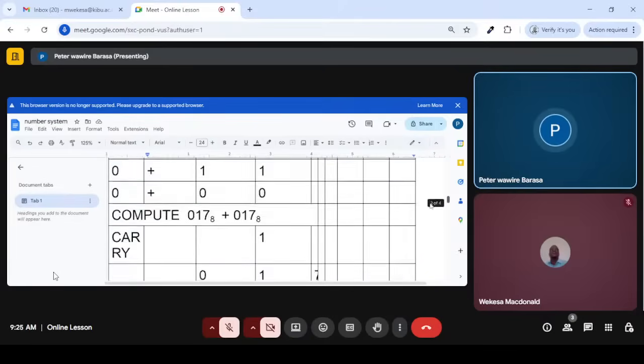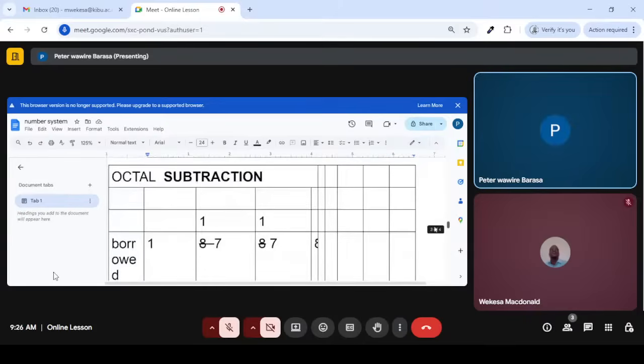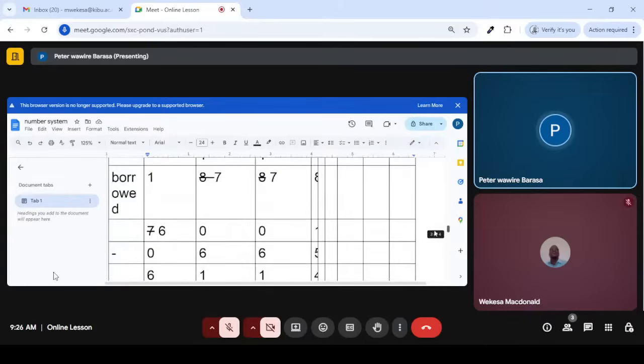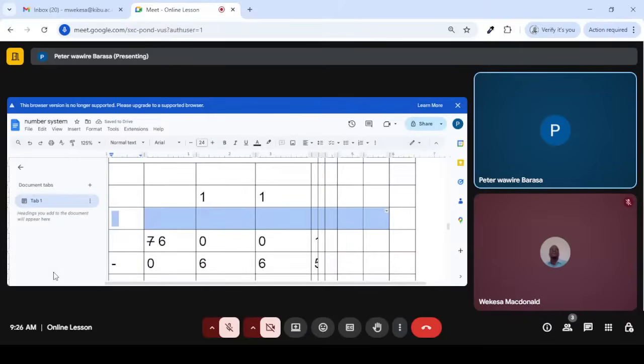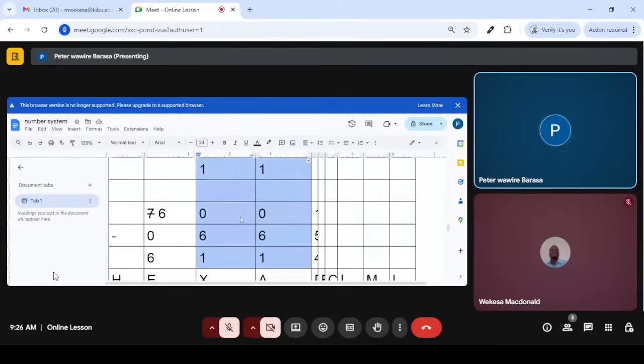So we have finished that. So let us compute now the addition and subtraction. So we want to add and subtract. So I think we start with addition, hexadecimal addition.